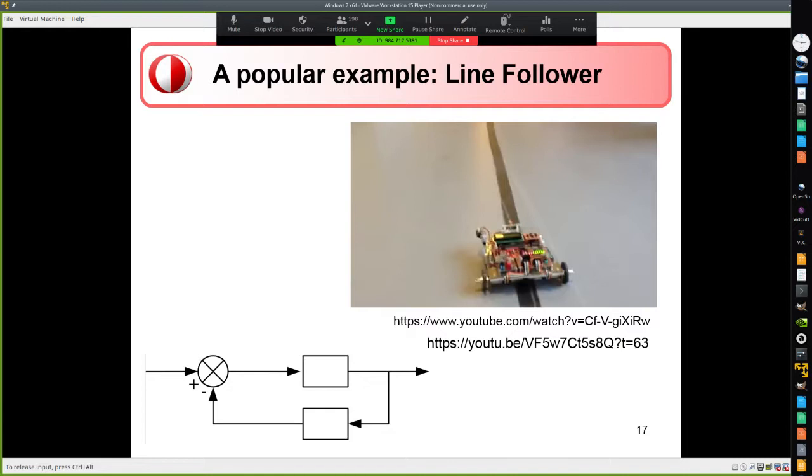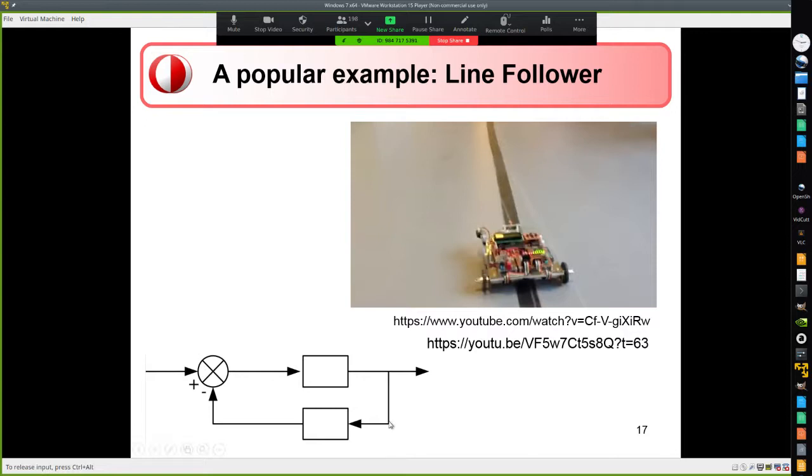You don't want it to go astray to somewhere else. So what you do is you measure the output. How do you do that? Well, you place an optical sensor. As the robot moves, if the line is not in the center but deviates to the side, you sense that and you compare it to where the line is supposed to be, and you generate an error.